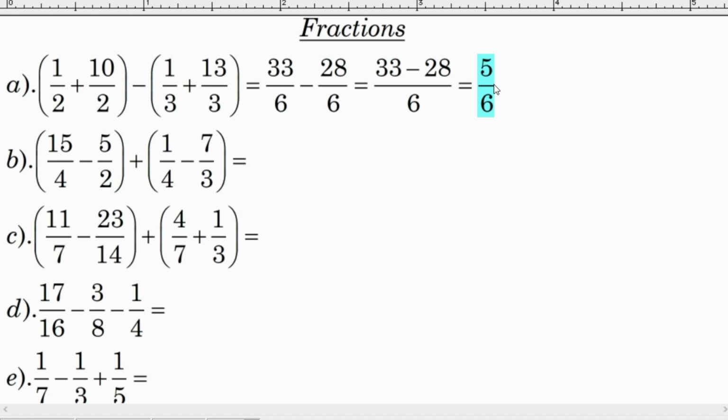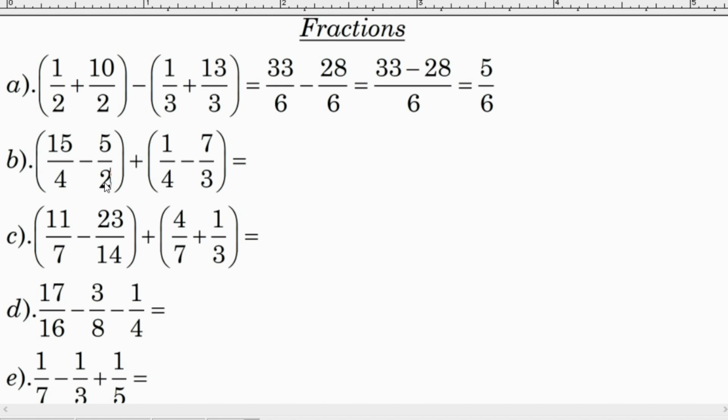Okay, now we have to solve question B here. As we can see, we have 15 divided by 4 minus 5/2 here. It is not the same denominator, this one is 4 and this one is 2.